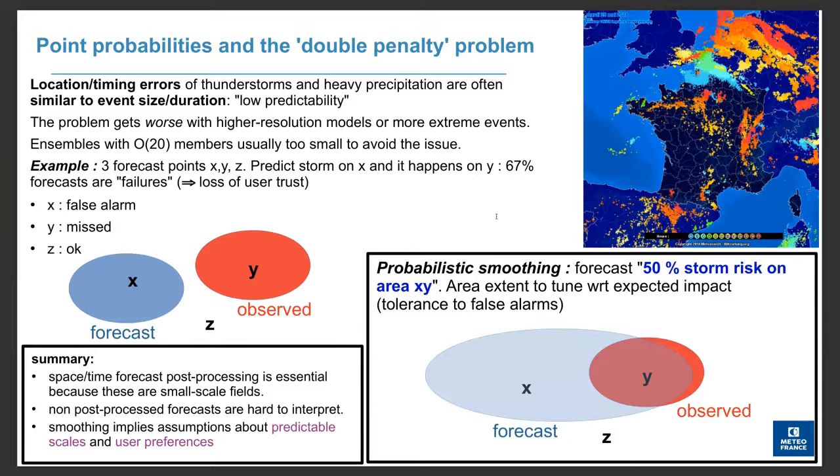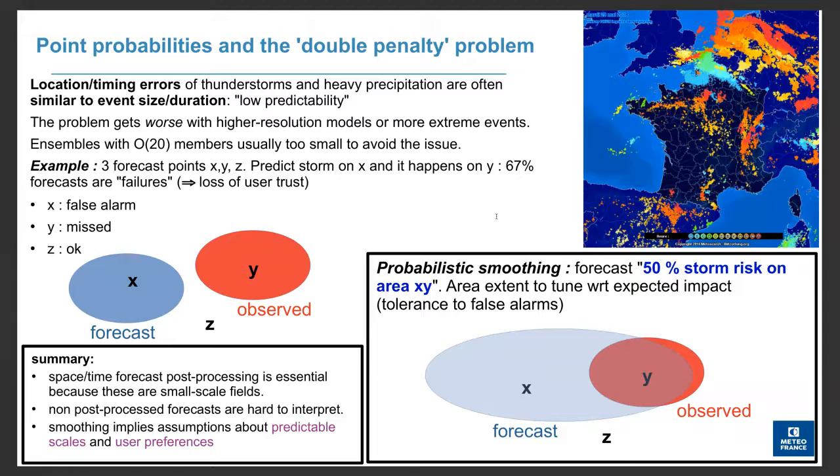That is, if you make a straight forecast product from interpretation of the forecast on the model grid, and the model has a high resolution, so it simulates high-resolution events, most of the forecasts will be wrong, as explained on the slide, because with even small displacement in place or time of the forecast events, you will have a majority of wrong forecasts, either false alarms or missed events. And that is very bad for the user experience.